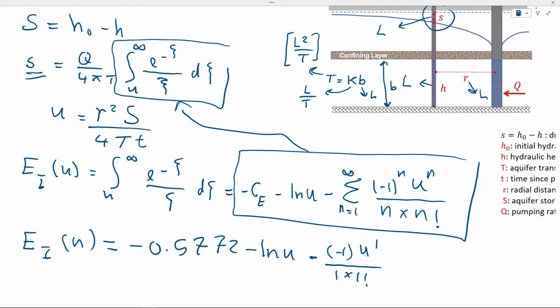So these negatives go away, and I get plus u here. Let me do this for the second term. This is to the power of 2, so this negative 1 becomes positive, times negative, so I have a negative here, and then u to the power 2 times 2 factorial, something like this.